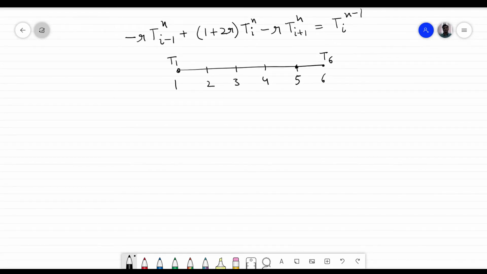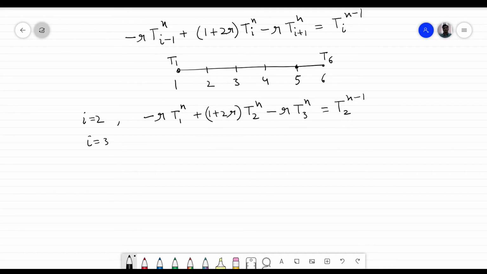Now let us write the equations from i equal to 2 onwards. The equation is minus r t1 at the current time step, 1 plus 2r t2n minus r t3n equal to t2n minus 1.